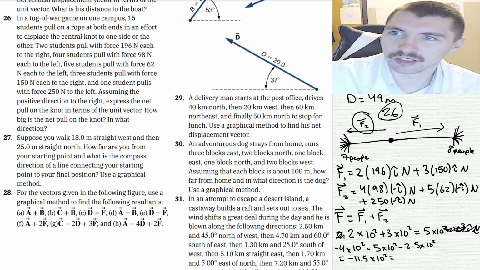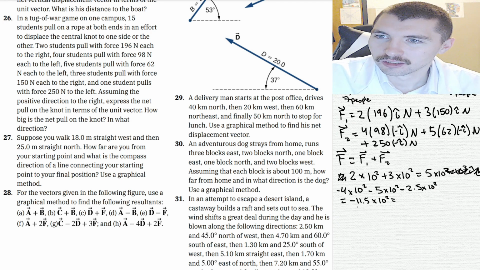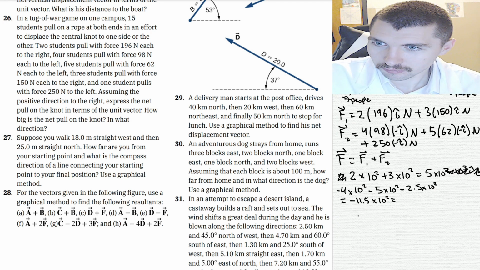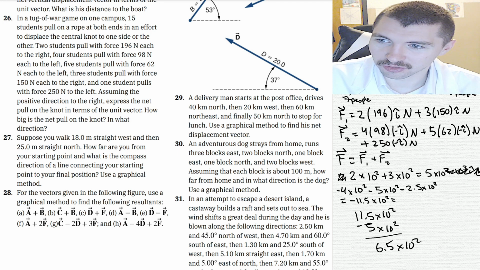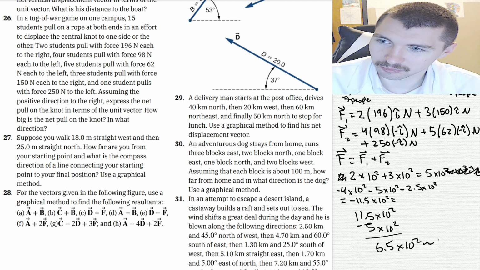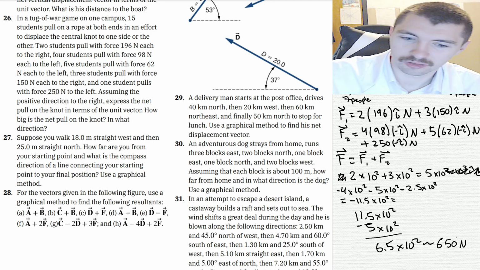And the net pull is going to be 11.5 times 10 to the 2 minus 5 times 10 to the 2. It's going to be about 6.5 times 10 to the 2, which is about 650 newtons.